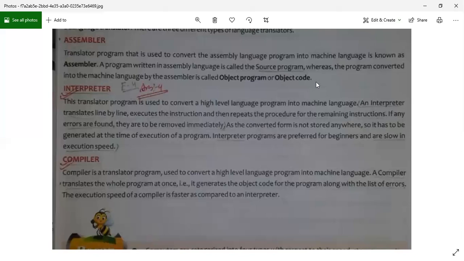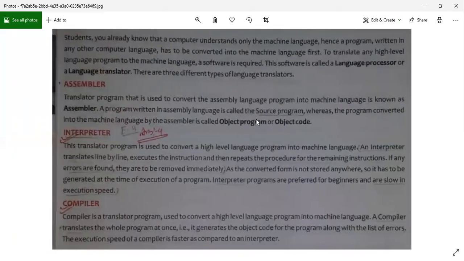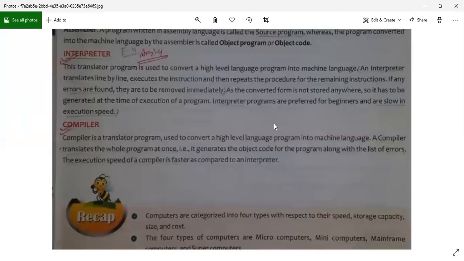As the converted form is not stored anywhere, it has to be generated at the time of execution of the program. So when I'm converting my high level language program into machine language, I'm not saving the machine level language program. Every time I want to correct my program and run it, I have to run my source program through an interpreter again and again.